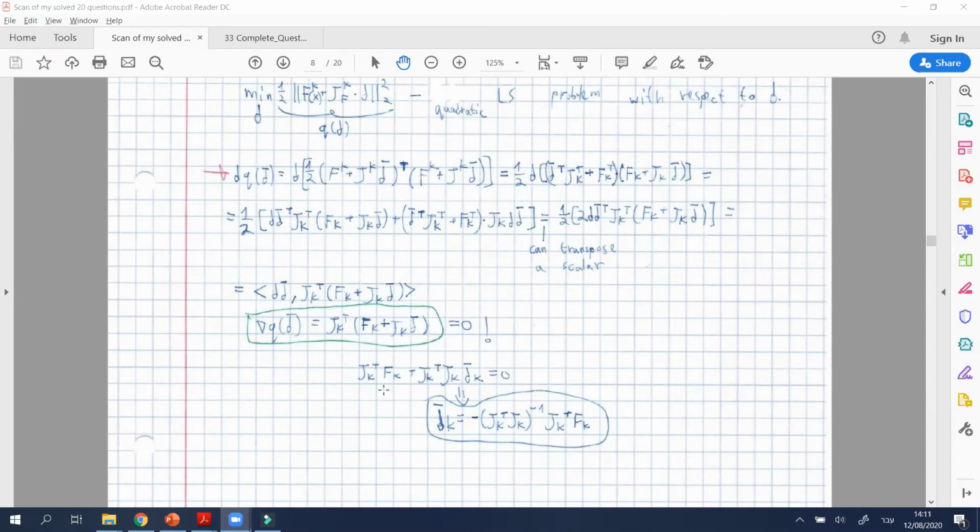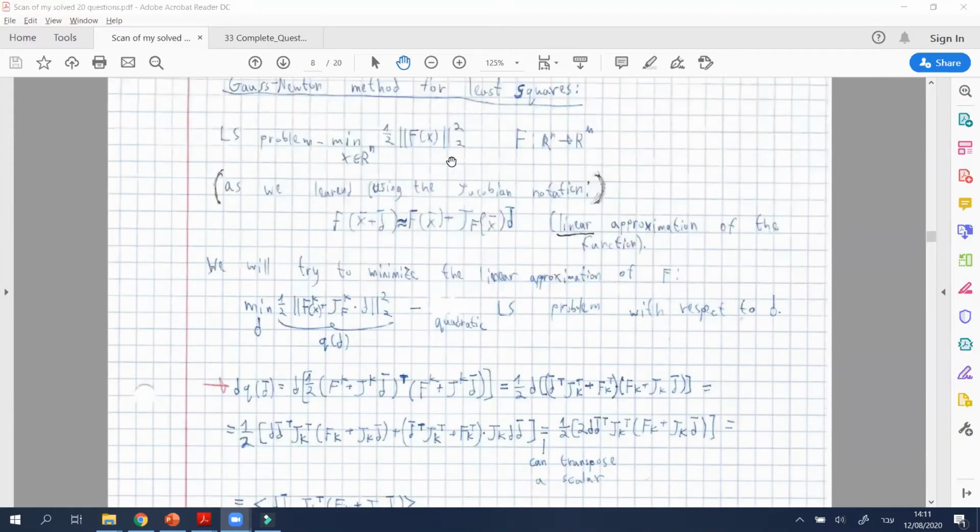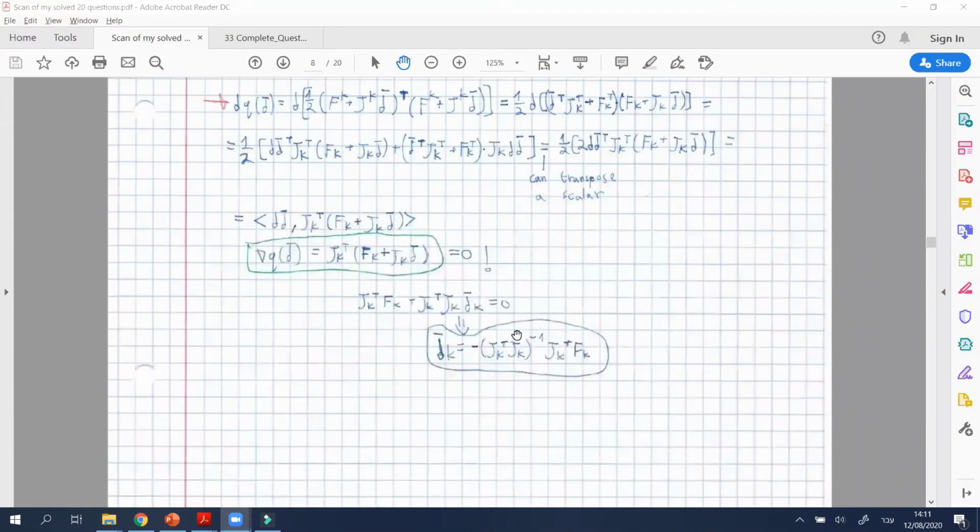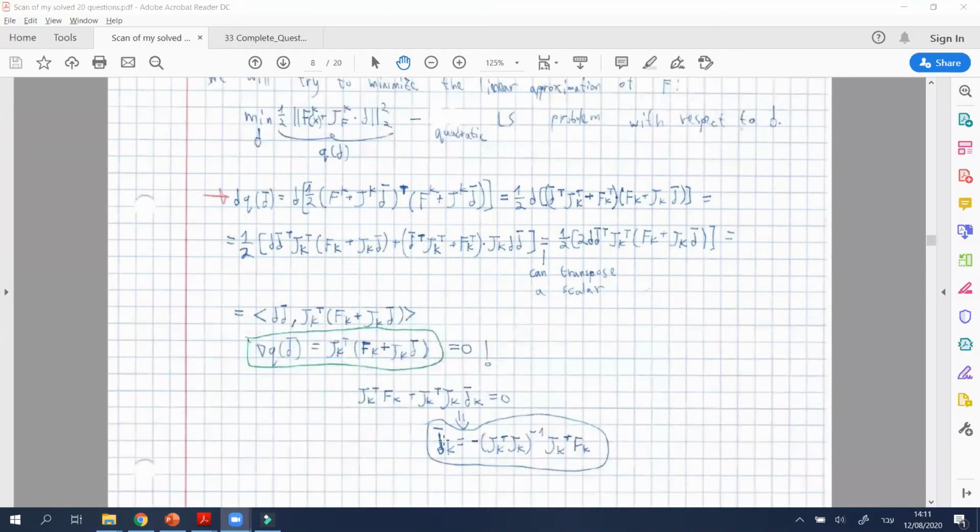And we get that Jacobian K transpose times Fk plus Jacobian K transpose Jacobian K times the direction K is equal to 0. And by simple manipulation, we get the direction Dk for solving this problem. In the Gauss-Newton method, we want the direction, and then we perform the line search as we know it.